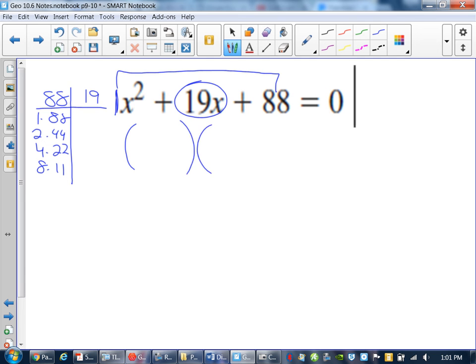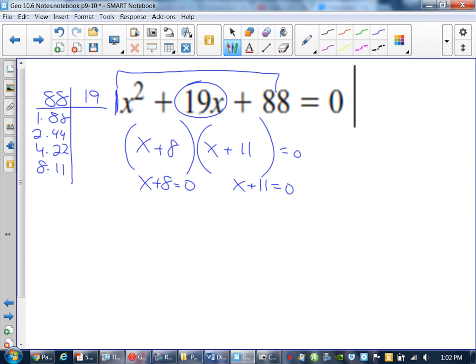I can go right into my terms by writing out x plus 8, x plus 11. So now you have two terms. The two terms, therefore, generate your zeros. So if you do that, you're setting both of them equal to 0.